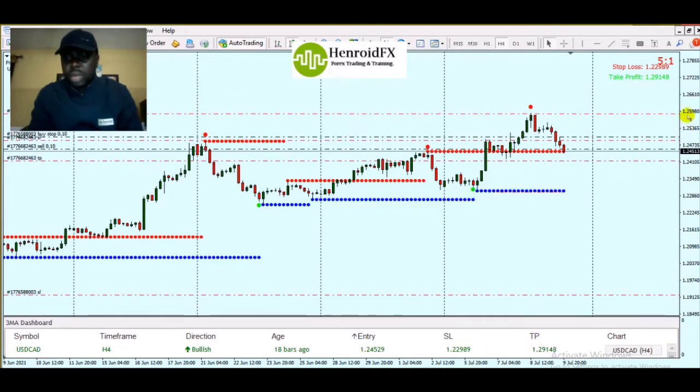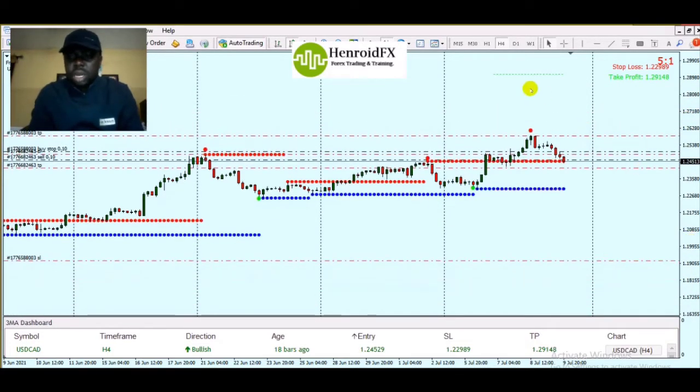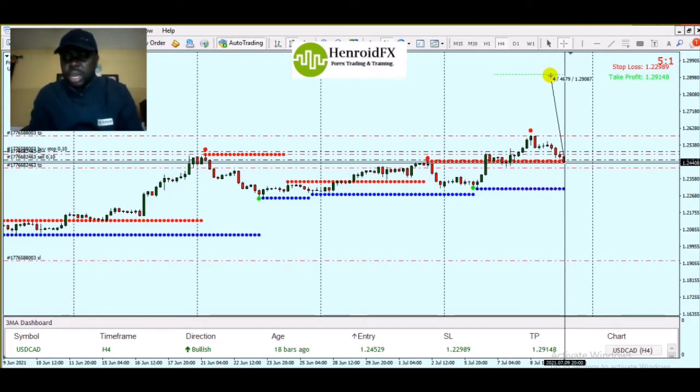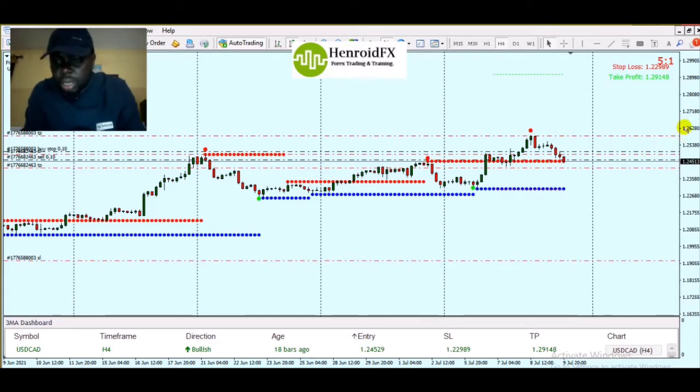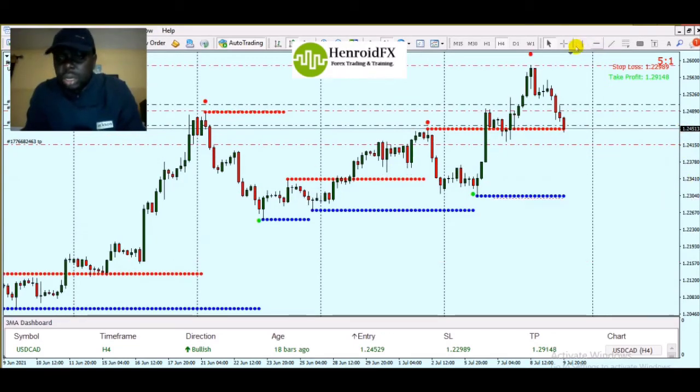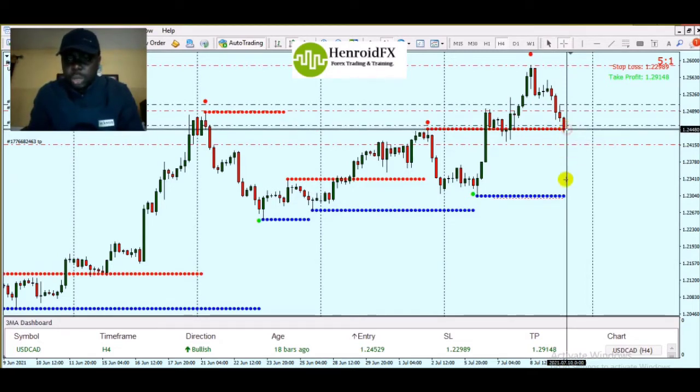If I look at my candle here, my system by my ATR advises, if you take from here to this point, a profit of 467 pips, and that is 1.29148. And it also advises a stop loss to this bottom point of the initial support at 148, but you don't need to go that far.